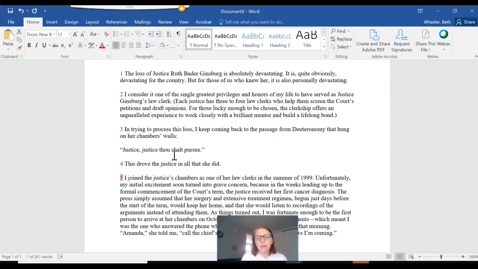So what we're doing in the private journal is I'm asking you to identify a word that is the basic heart of each paragraph. Obviously this whole article is about Ruth Bader Ginsburg. For paragraph 1, I'm not going to read it, you can read it later on your own. I'm going to say that the word I'm going to quote is devastating.